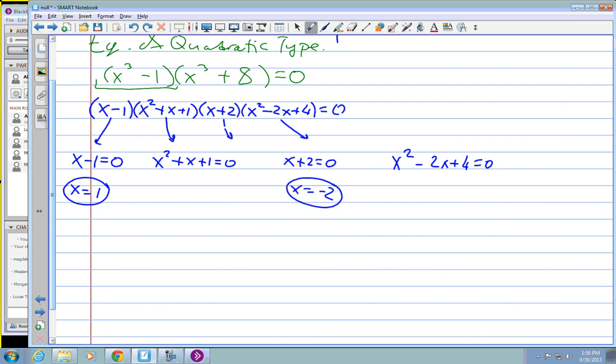Yeah. Now, in order to solve x squared plus x plus 1 equals 0, you have to use the quadratic formula. And when I plug it into the quadratic formula, negative b, so it's negative 1, plus or minus the square root of b squared, so that's 1, minus 4ac, well, everything is 1 here, so minus 4 over 2.